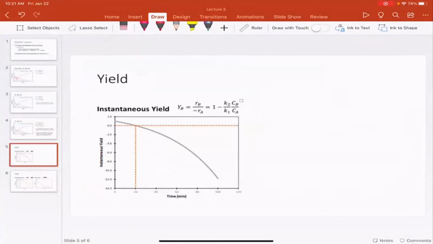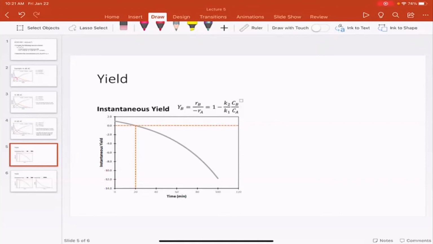And that's just, like I said, 1 minus K2 over K1 times CB over CA. The instantaneous yield goes down in this case because the rates of the two reactions go down. We're going to consume A all through the process, and we're going to consume B all through the process. So at the end, we're going to have a very, very low value for the instantaneous yield.